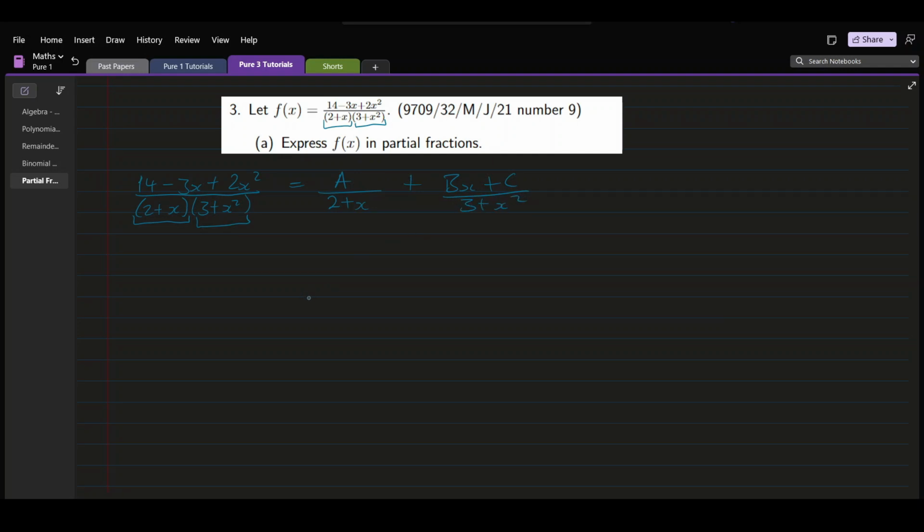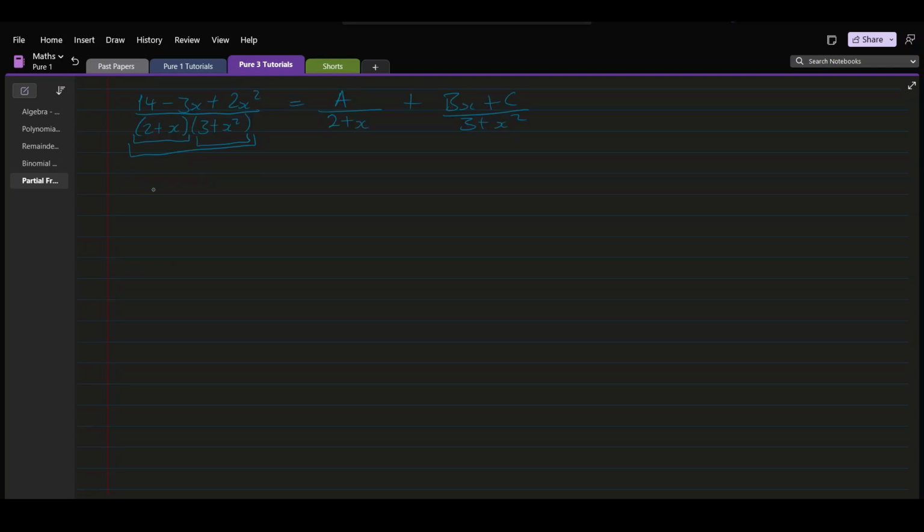And again, we need to get rid of all the denominators, so we'll multiply through by the denominator on the left hand side. So this becomes 14 minus 3x plus 2x squared is equal to a times 3 plus x squared plus bx plus c times 2 plus x.